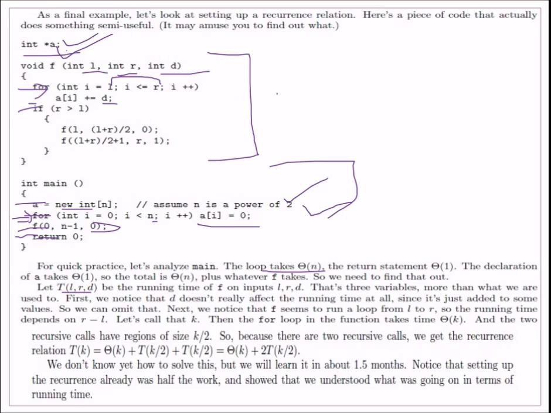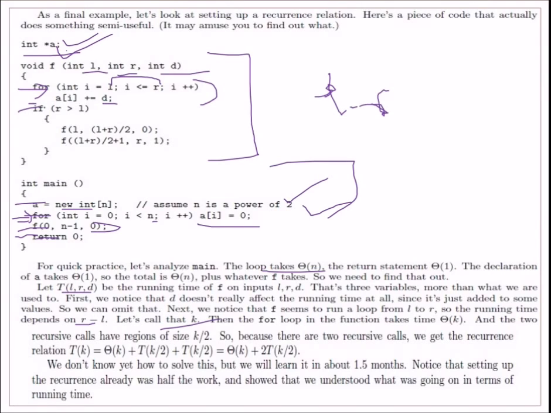On R minus L. Let's call that K. Let us have K for R minus L. Then let us come to this for loop. How much time will the for loop take? We have seen that R minus L we have taken as K, so it will run for theta K times. As we have seen theta n times earlier, here it will run K times, so it will be theta K.